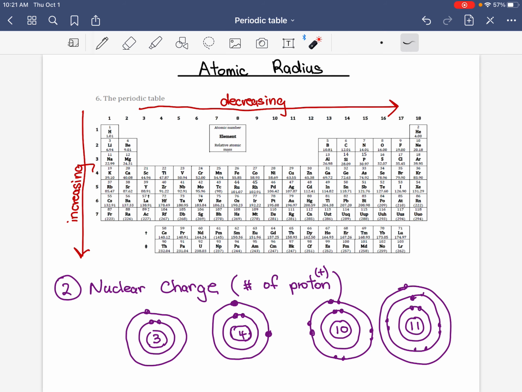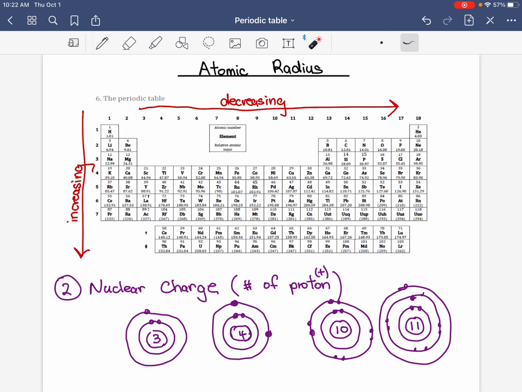But in reality, this is much smaller. Neon is actually much smaller than lithium, by quite a bit, too. But once you start adding these extra layers, it's a different ball game now. I hope you guys are okay with that.